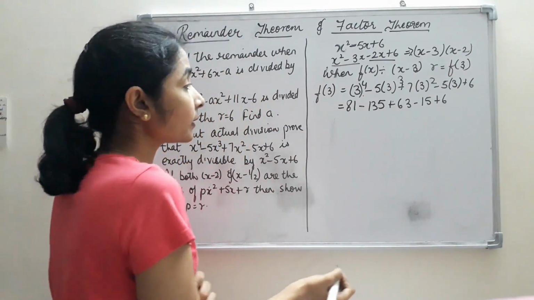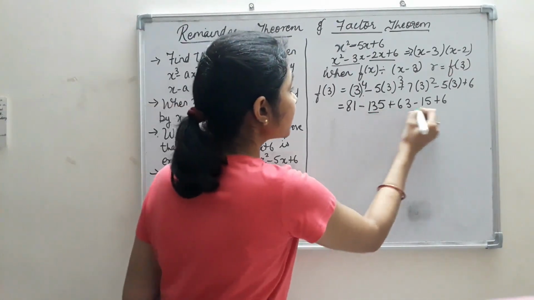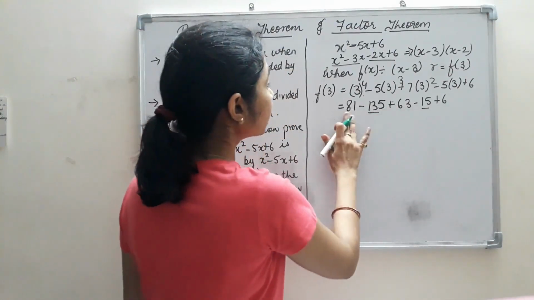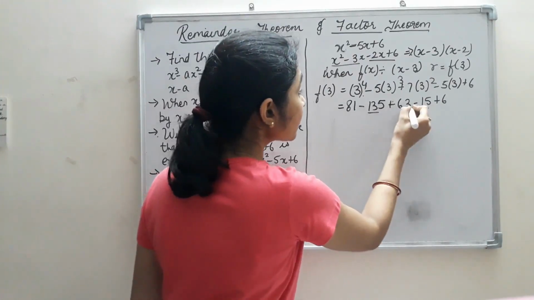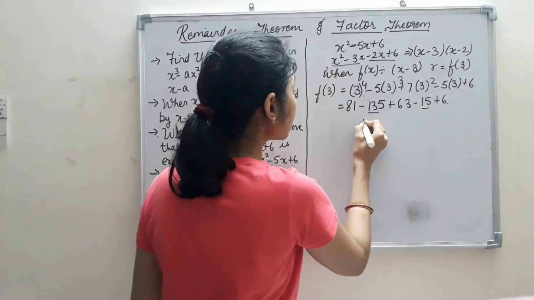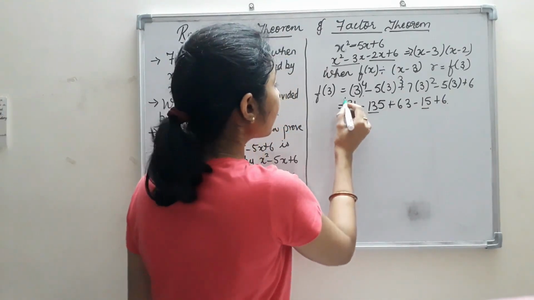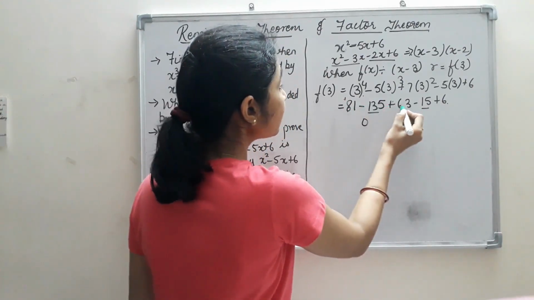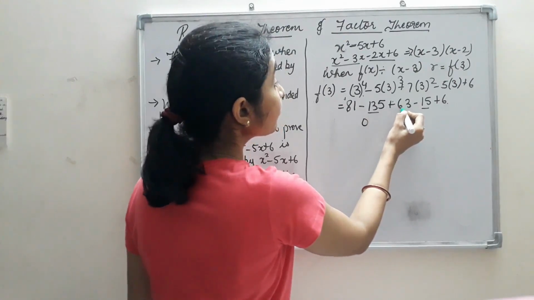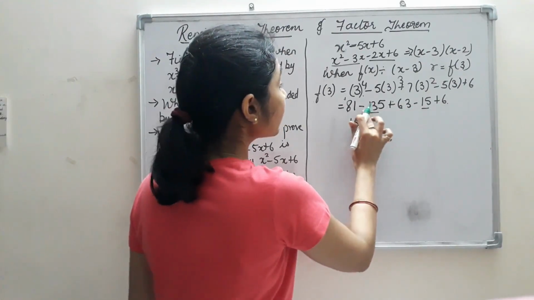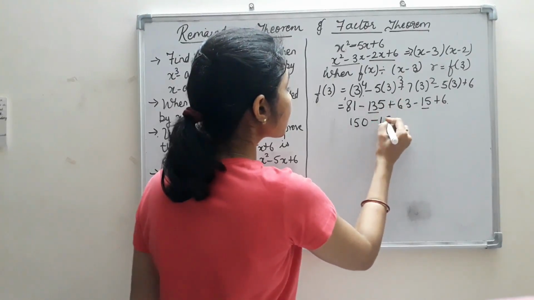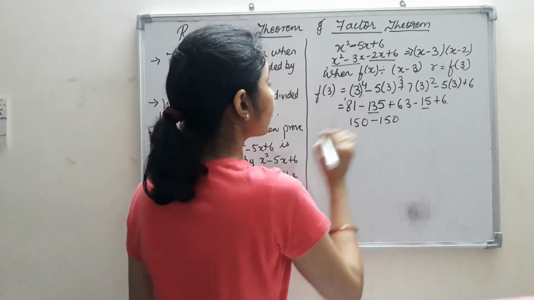Okay, now taking the negative terms together, these two are negative terms and these three are positive terms. So here 1 plus 3 is 4, 4 plus 6 is 10, 1 carry up, 1 plus 8 is 9, 9 plus 6 is 15, so 150 we are getting. Okay, 135 and 15 gives us 150.